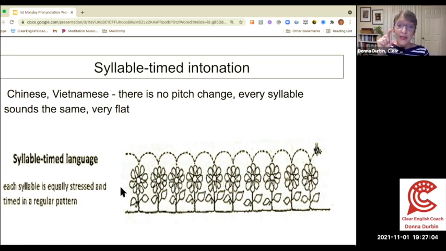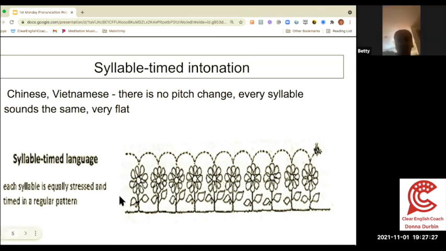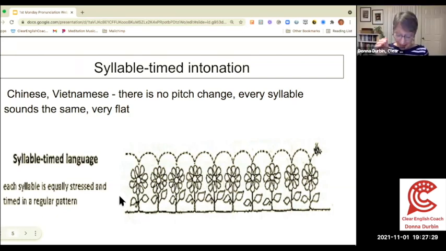So a syllable timed intonation is dot, dot, dot, dot, dot, dot, dot. Everyone is the same. You see how this looks all the same? Do you recognize that as your language? Melody, do you recognize that as Chinese? Yes. Okay. Flat. So that is a typical syllable timed language. Every syllable is the same length and the same tone, basically.